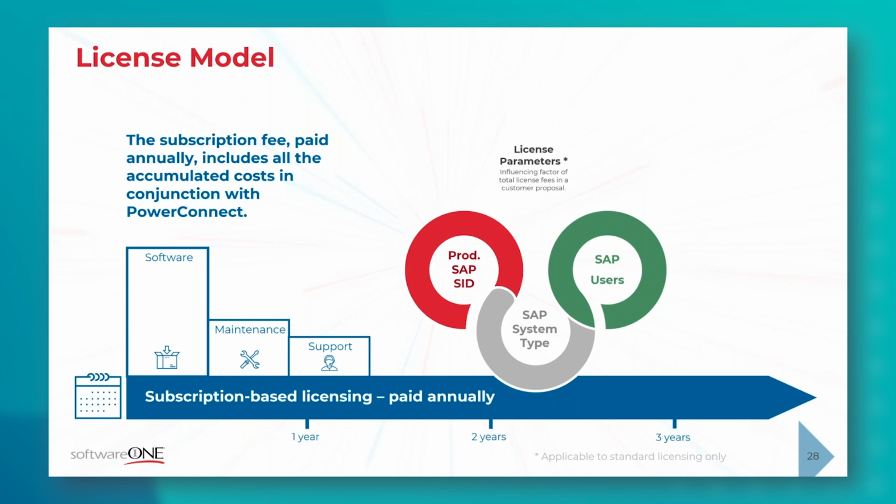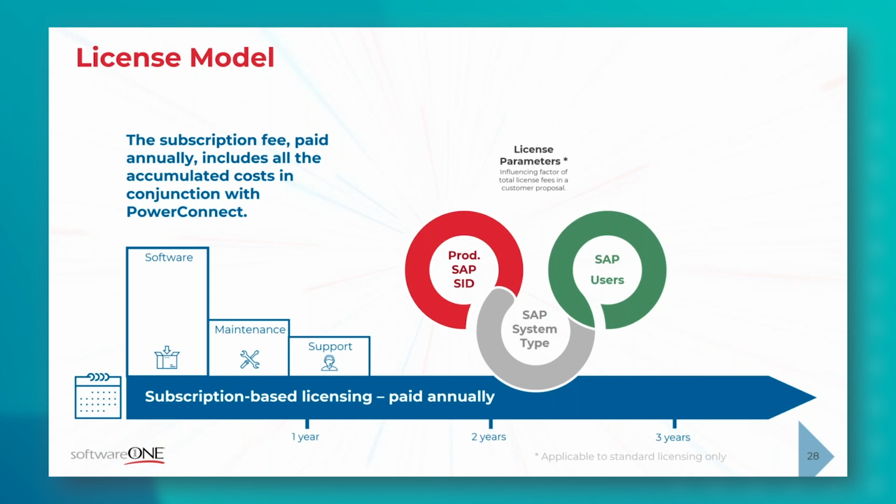Supportive systems like BW, PO, and for example Fiori, can be found in Tier 2 and are slightly cheaper. Supportive or administrative systems like Solution Manager or SAP Landscape Manager are in Tier 3 and are heavily cheaper than a productive license for ECC, for example.